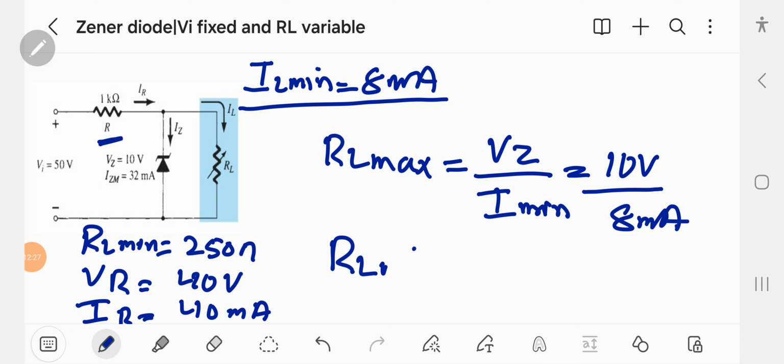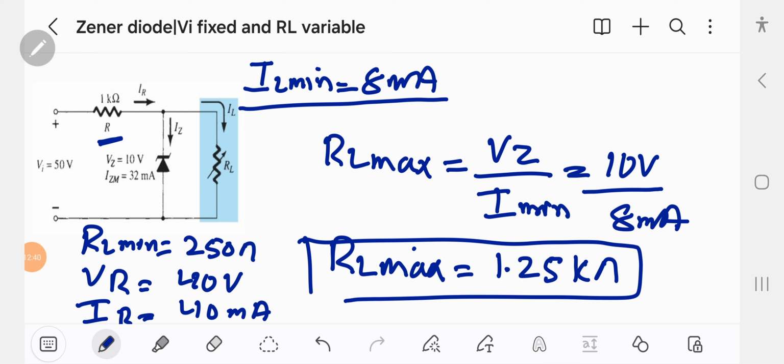So RL maximum is actually equal to 1.25 kilo ohm. So what we can get from this equation? This equation actually tells us that the RL maximum value is 1.25 kilo ohm, for which the diode remains on.